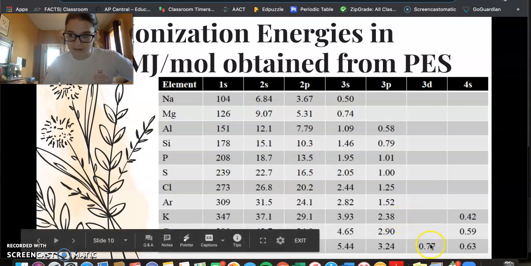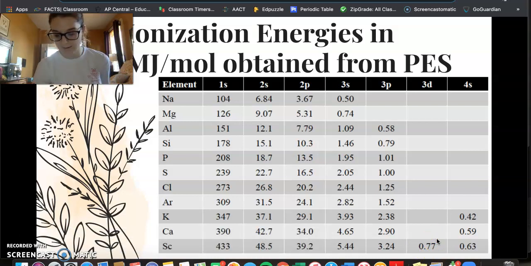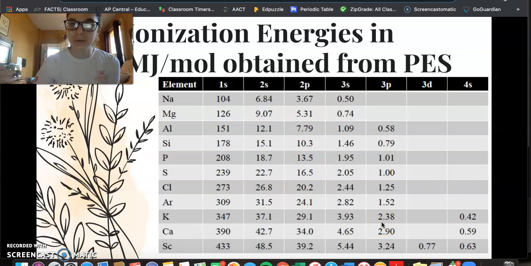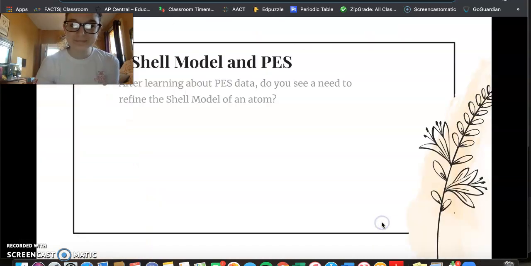So this gap here, where we get 3d, we didn't have it before, so it's filled after 4s, but it corresponds with the energy level n equals 3, not n equals 4. So that's how they knew that 3d is filled after 4s.